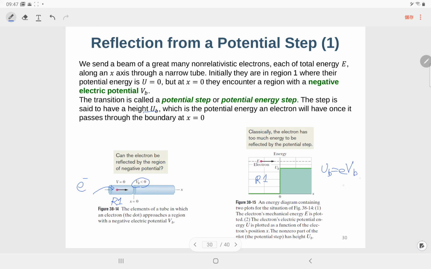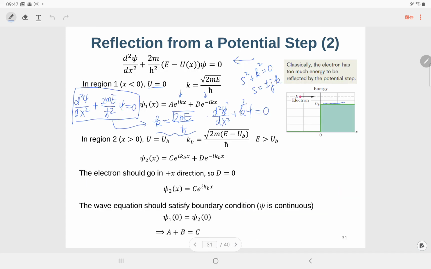So maybe you can take E to be a negative value, and also this VB is also negative, because it's an electron. So UB is positive.